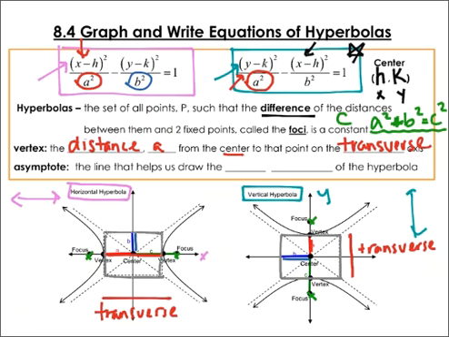Now, asymptotes are the lines that are going to help us draw the end behavior of the hyperbola. So here's these asymptotes. Notice the asymptotes go from one corner of the rectangle through the center to another corner of the rectangle. And we will actually look at some examples that deal with this.